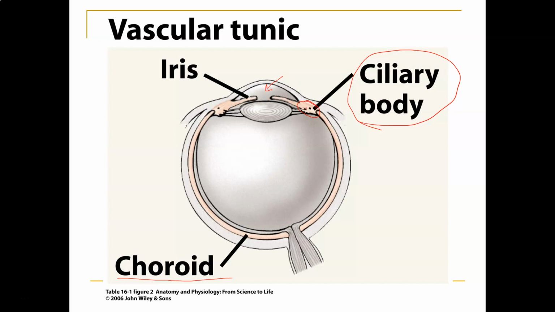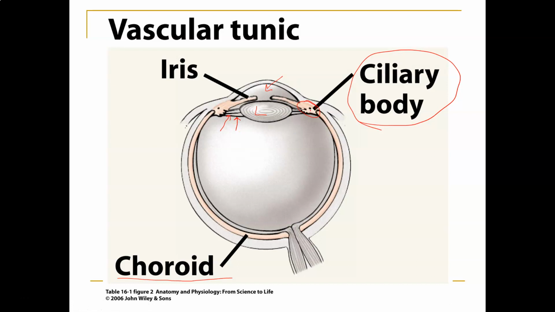So the ciliary body helps make the aqueous humor. And then its other function is, if you look closely, you see these little lines running from the ciliary body to the lens here. Those are called suspensory ligaments, and they attach from the ciliary body to the lens. I'm going to show you a close-up of that in a moment.